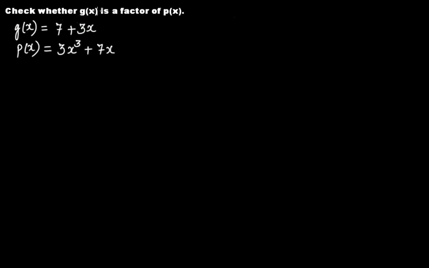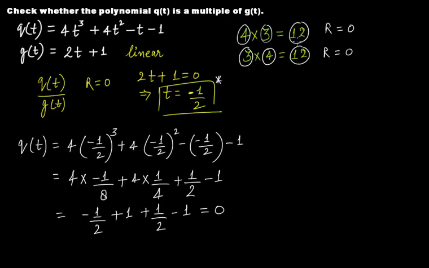Check whether g(x) is a factor of p(x). Now, let's again move back to this basic example. If 12 is a multiple of 4 and 12 is a multiple of 3, then we can say that 4 is a factor of 12 and 3 is also a factor of 12. Why?